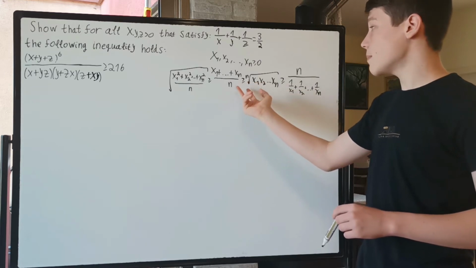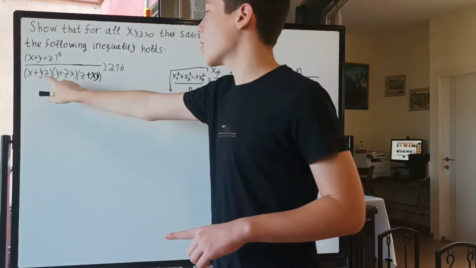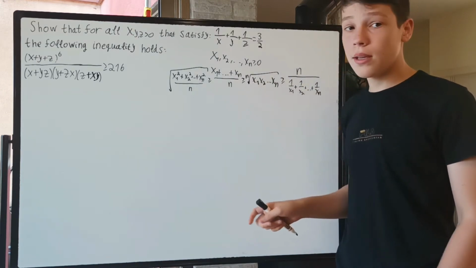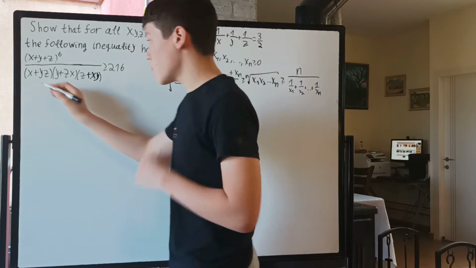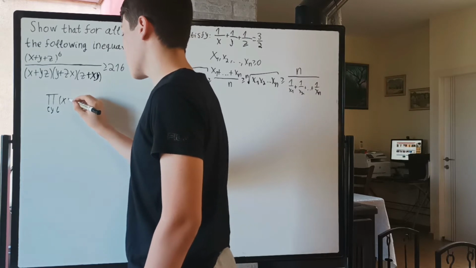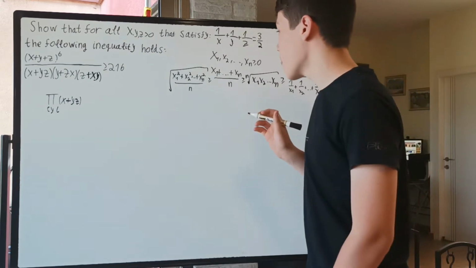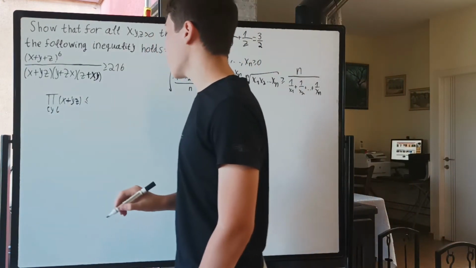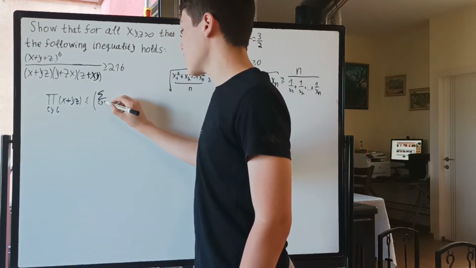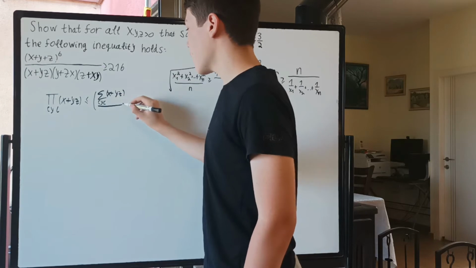So first we're going to use the basic one. What we're going to use here is that the product of these 3 numbers is smaller than or equal to their sum divided by 3, all cubed. So this cyclic product of x plus yz, we know is smaller than or equal to the cyclic sum of x plus yz divided by 3.